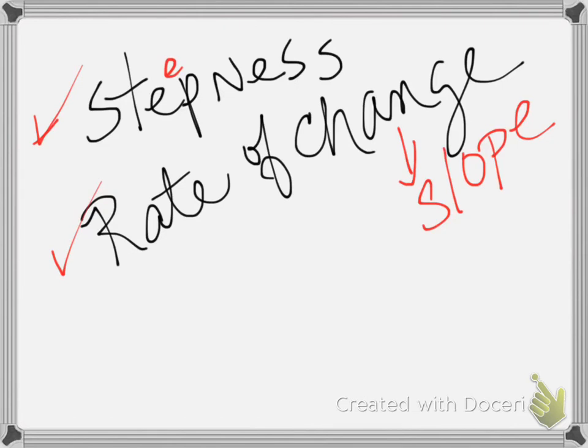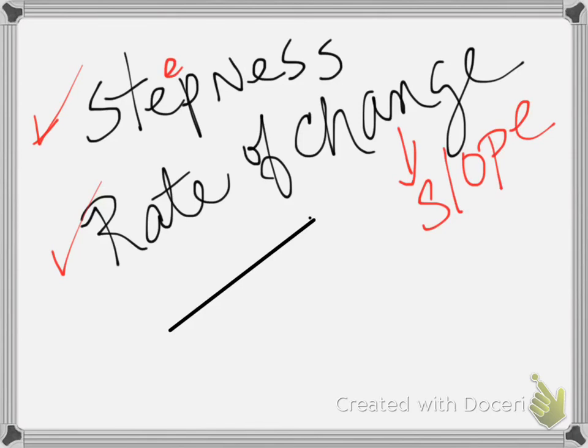So in summary, we've learned what slope is. Slope is simply the change in y over change in x, how steep something is, the rate of change. So you have to have a line first to find the slope. It has to encompass a line. Two points make a line.